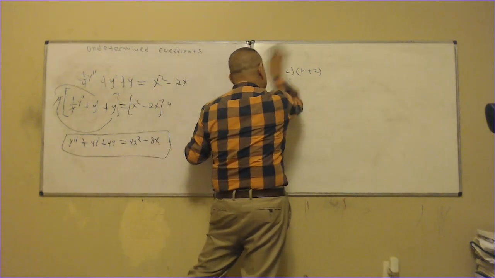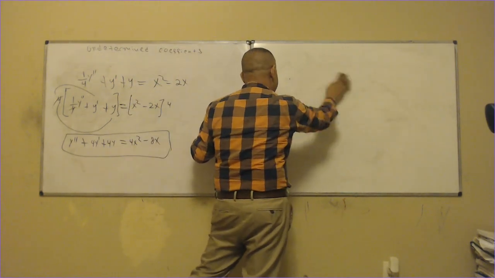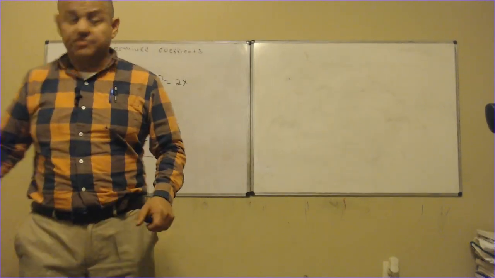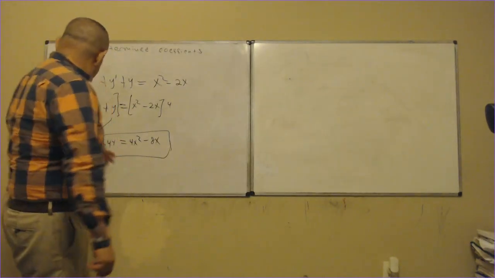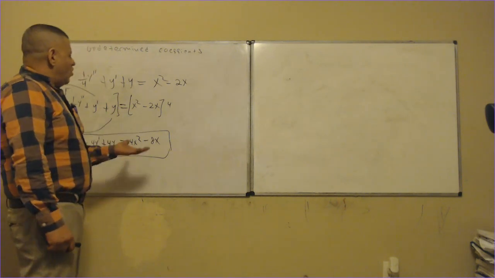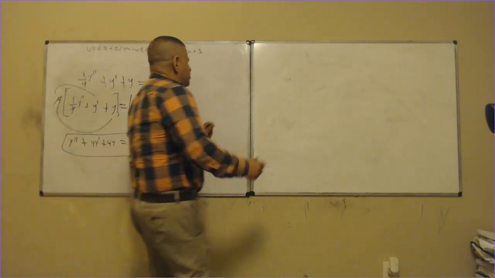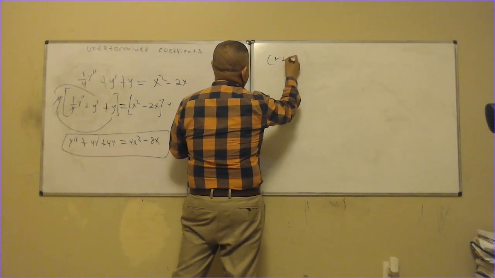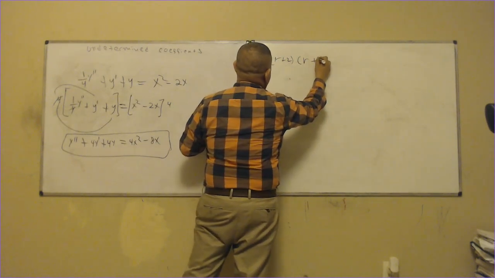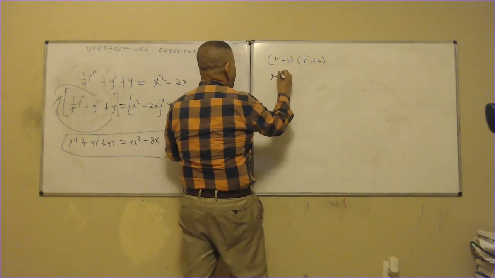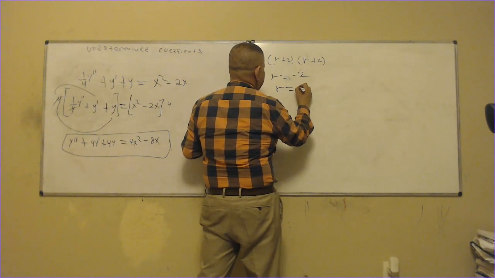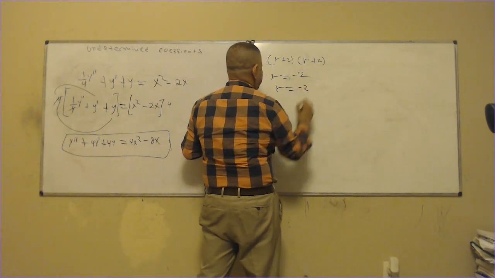Again, differential equations going back to high school algebra. That's what you saw paying attention in high school. Now we know the roots from r plus 2 times r plus 2: r is equal to negative 2, r is equal to negative 2.